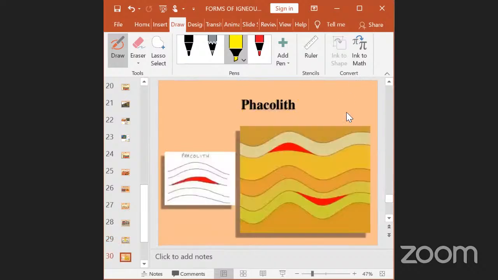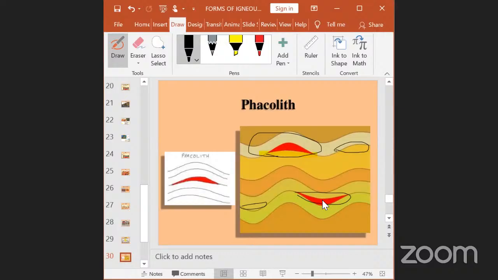The next, phacolith. Phacolithic form: when thick sedimentary rocks are folded along crests and troughs, some empty spaces occur here.